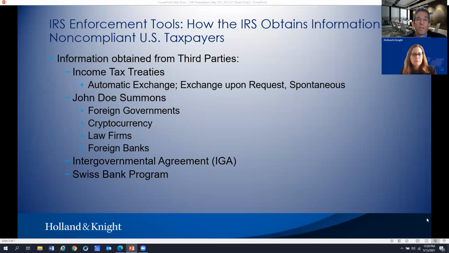But again, all we care about here is the John Doe summons and what was done at the law firm level.